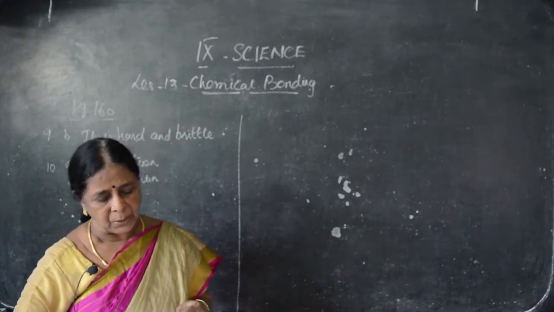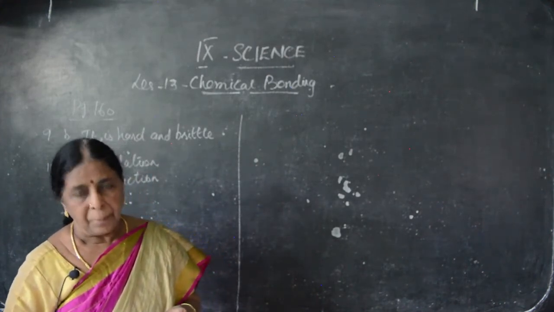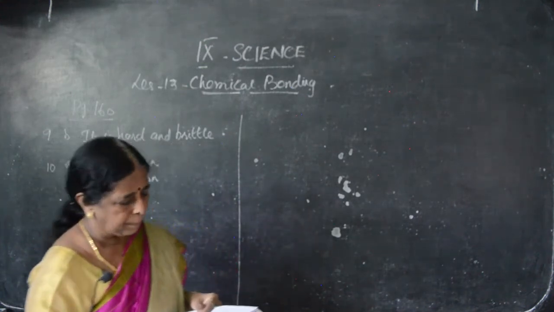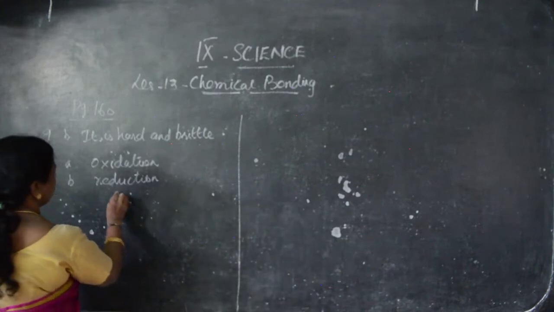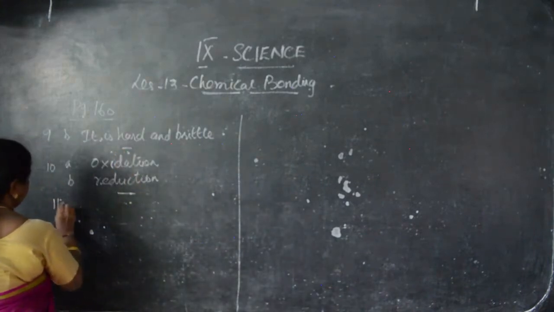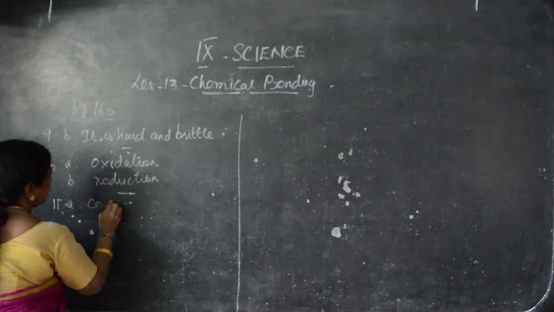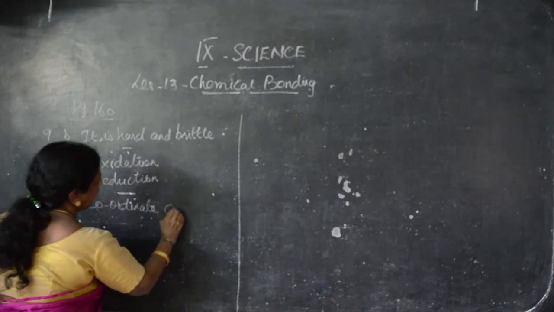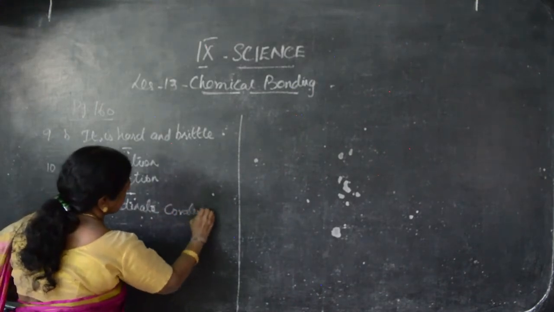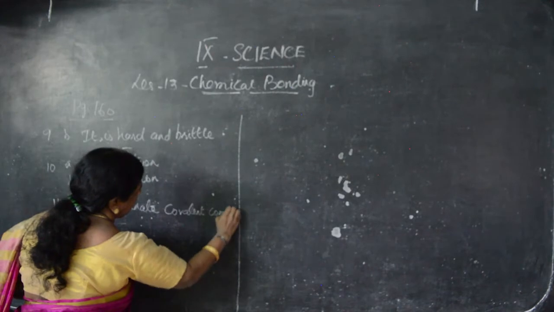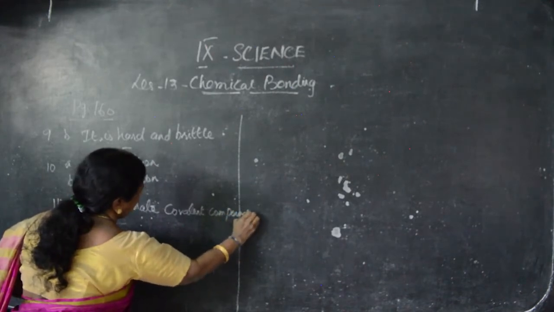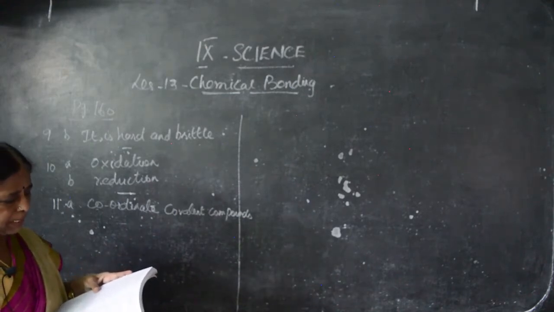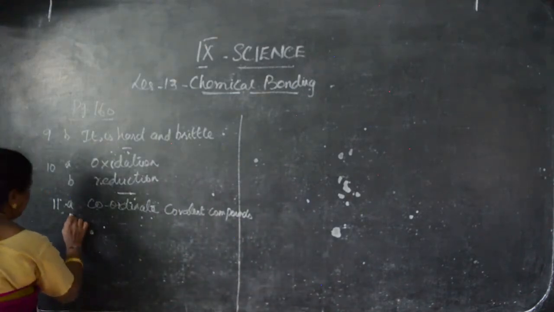Next one, question number 11. Identify the compounds as ionic, covalent, coordinate based on the given characteristics. First one, soluble in non-polar solvent, that is A, covalent compounds. B, undergoes faster reactions, that is ionic compound.